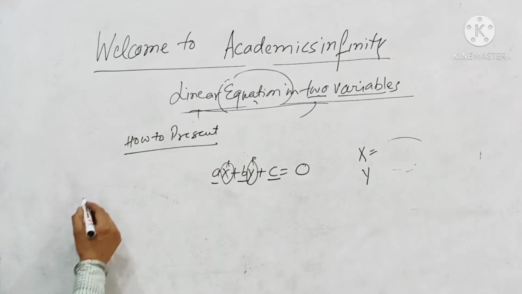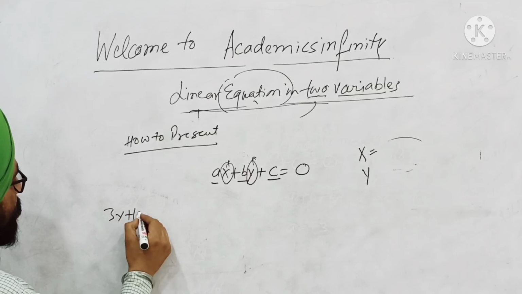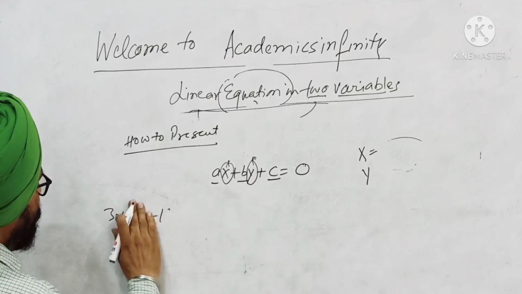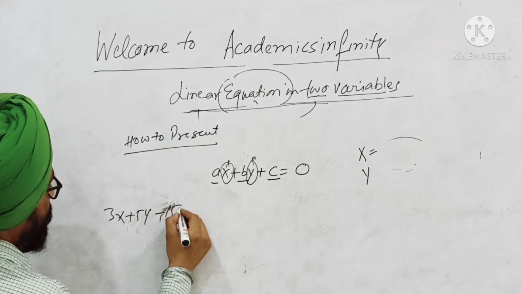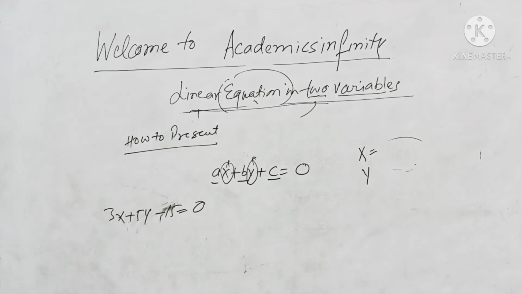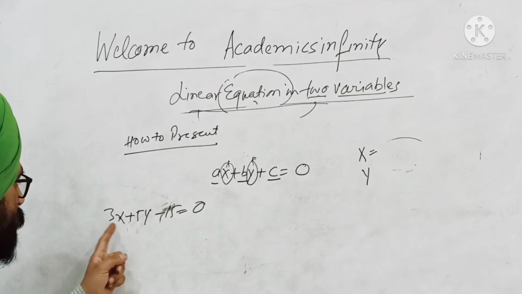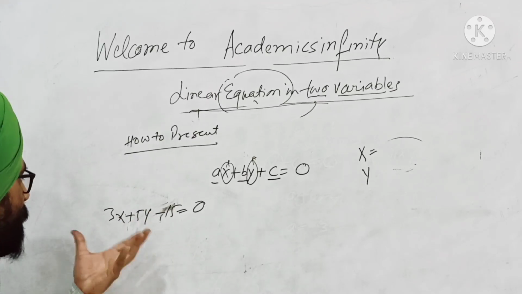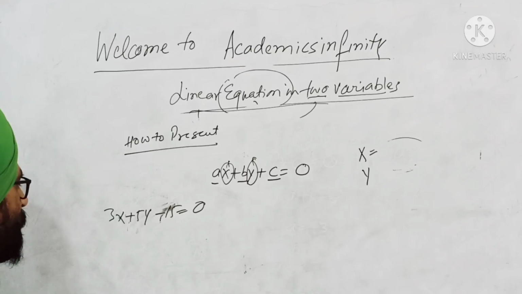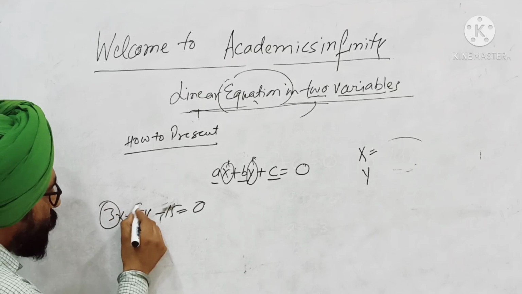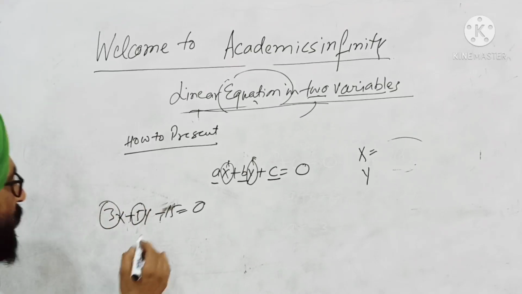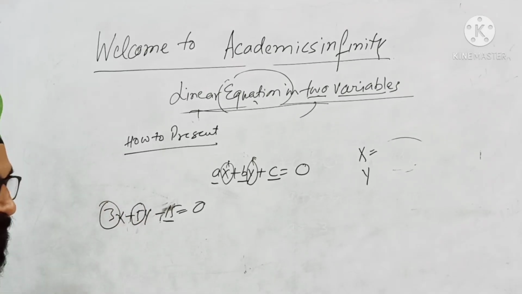Let us take an example: 3x + 5y - 15 = 0. Here x and y are the two variables whose power is 1 because nothing is mentioned about power. 3 is the coefficient of x, 5 is the coefficient of y and c is a constant here.